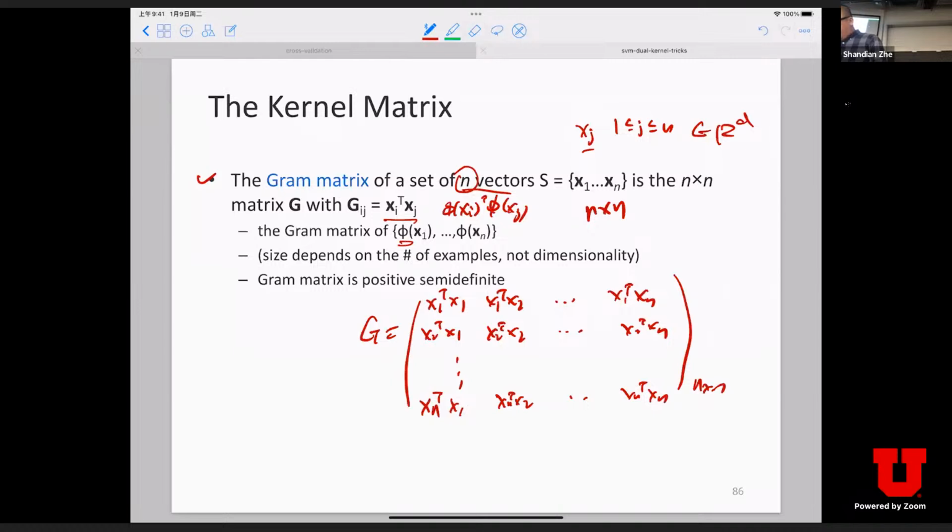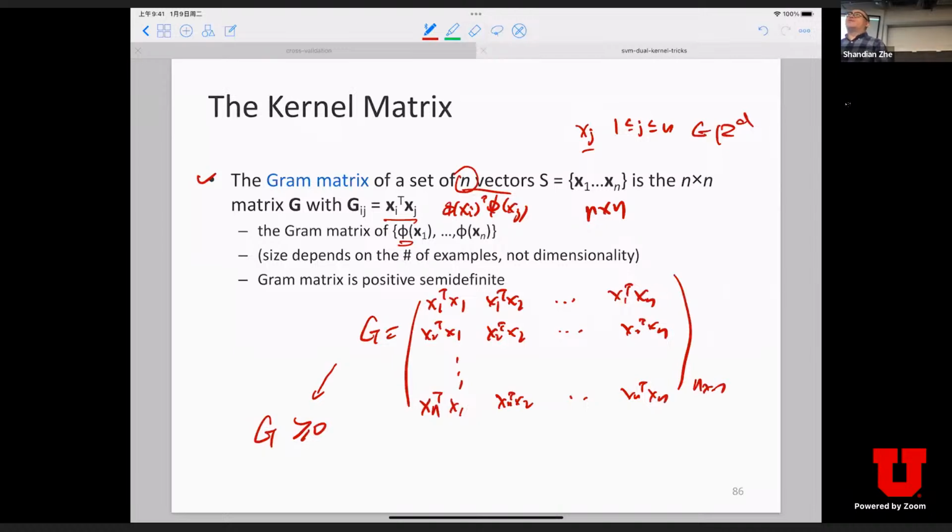Then we claim that this Gram matrix is always positive semi-definite. Why is this true? Let's try to prove that.